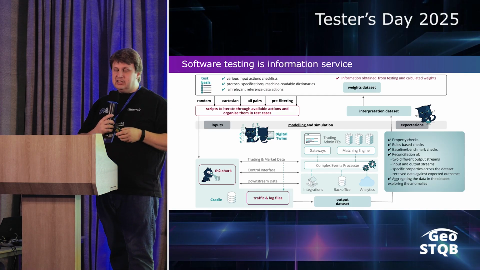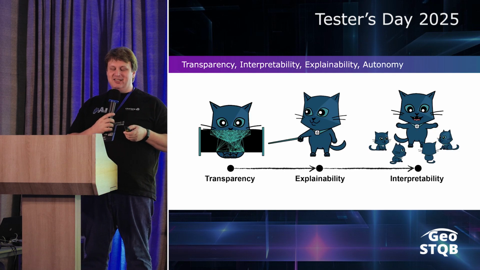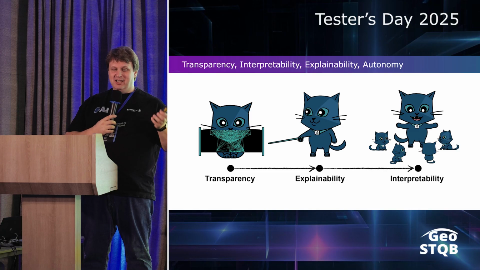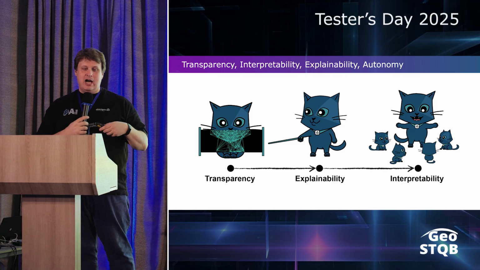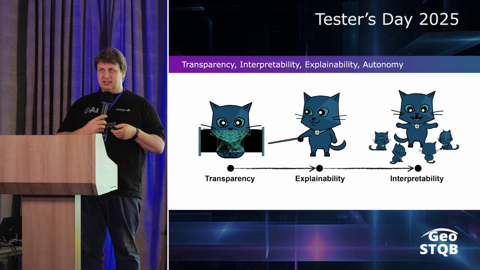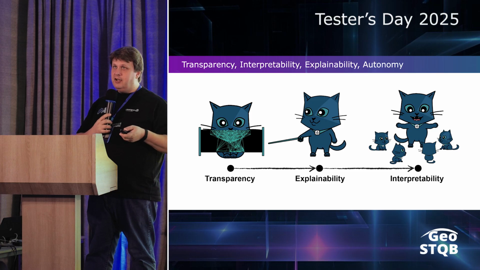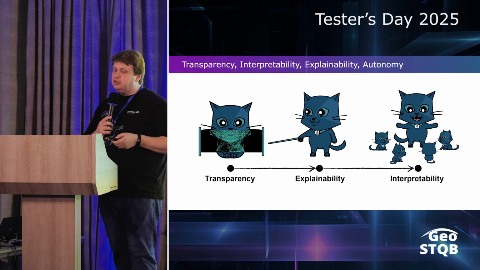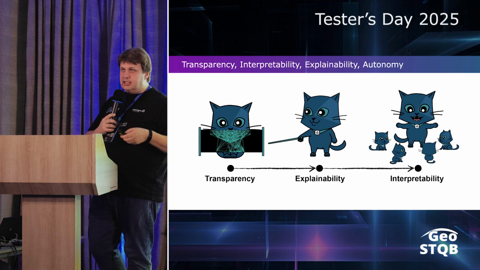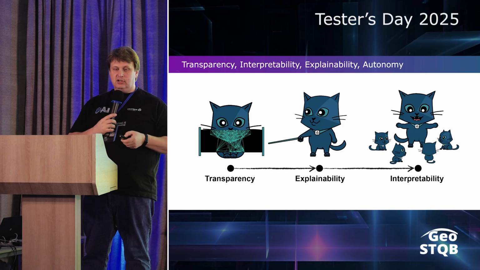So in order to understand a huge test library, one has to deal with the questions of transparency, explainability, interpretability, autonomy, and everything else. That's why what we have in the AI testing syllabus is also applicable to any type of software that is sufficiently complex.